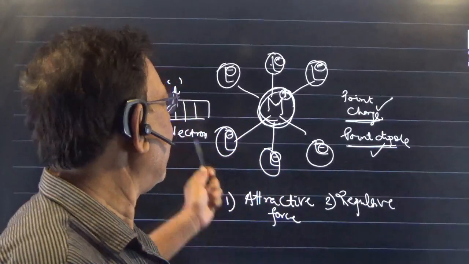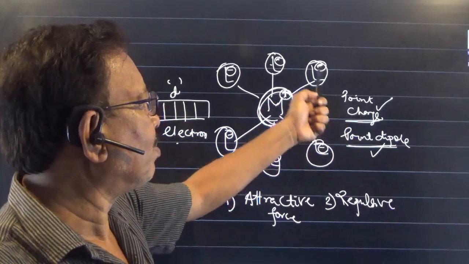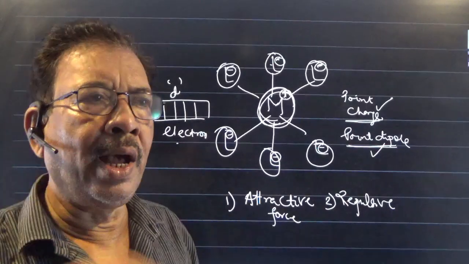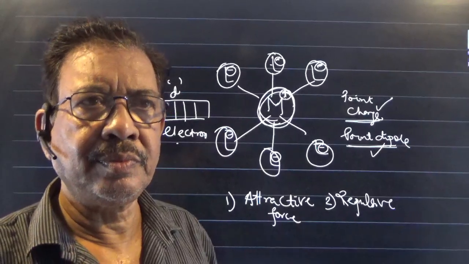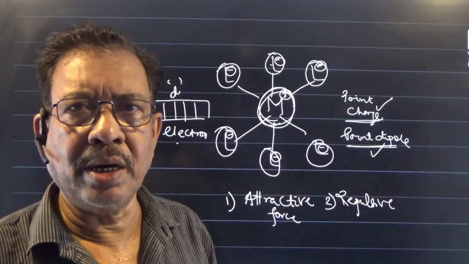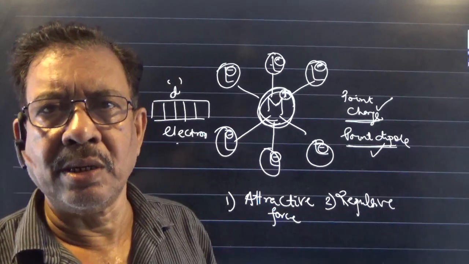Repulsion between the d electron and the point charge of the ligand. So when the ligand approaches the metal atom, two types of force are observed: an attractive force and a repulsive force.